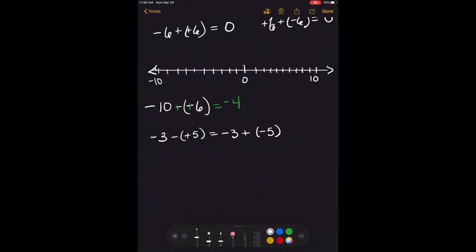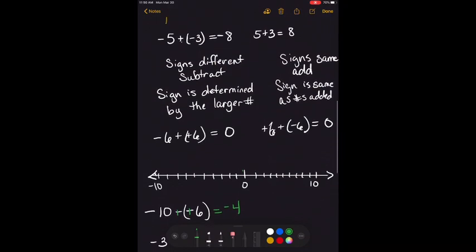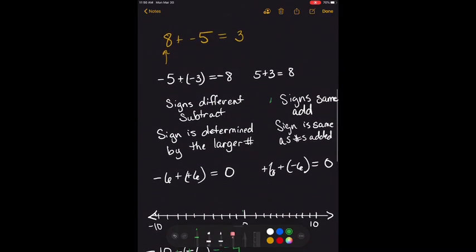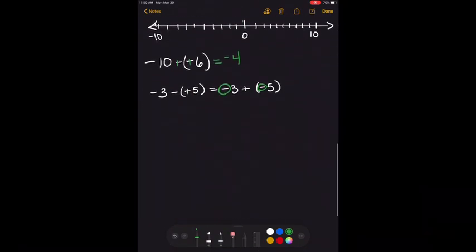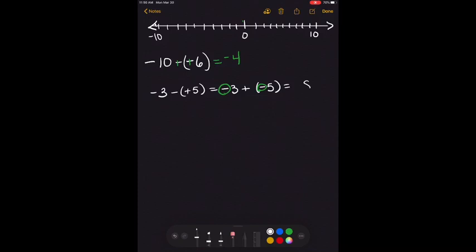So here, if we're just going to solve it by using our mental math, we would say, well, our signs are the same. They're both negative. And we already said if signs are the same, we're going to add. Okay, so we know we need to add these. 3 plus 5 is 8. Well, both signs are negative, so it's a negative 8.